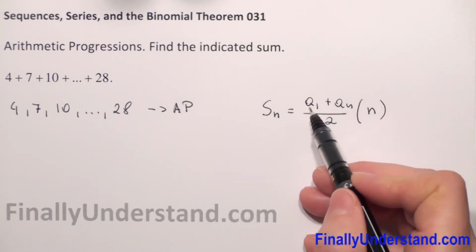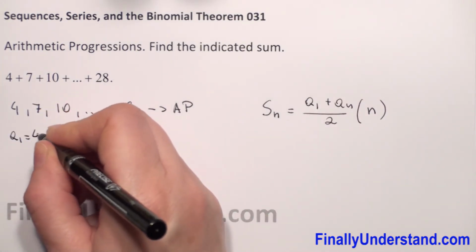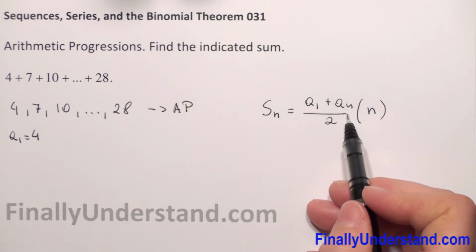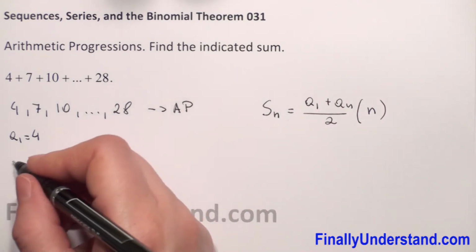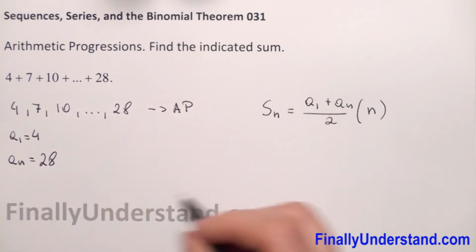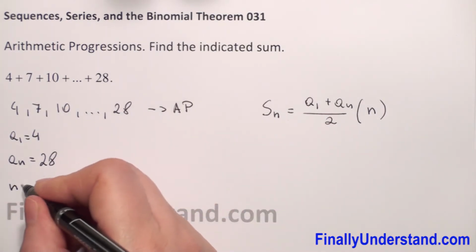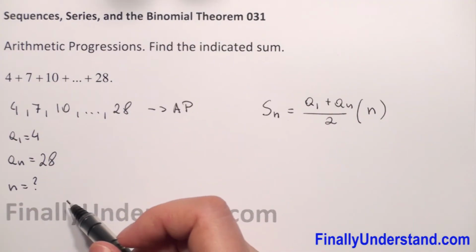What do we have given here? The first term a1 is equal to 4. The last term an is equal to 28. We don't have n, the number of terms. How do we find n?